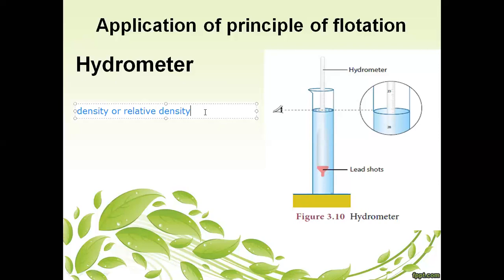The hydrometer consists of a cylindrical stem, and the lower end of the cylindrical stem has the spherical bulb.